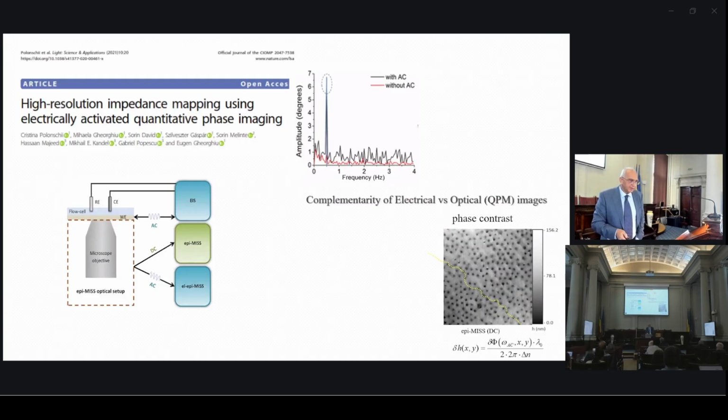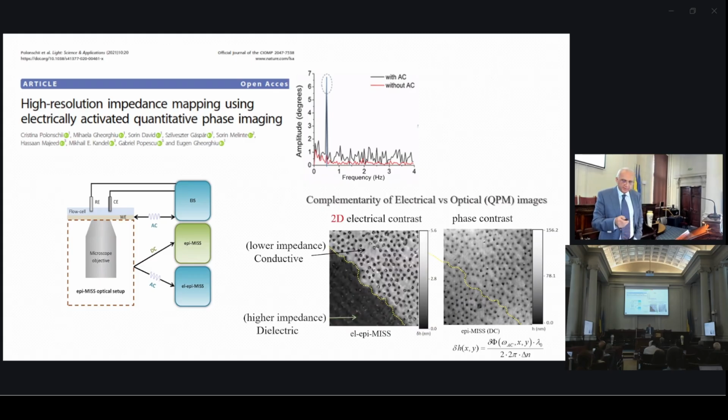A couple of years ago, together with Gabriel Popescu, we developed a system able to provide high-resolution impedance maps. And what I wanted you to see is the complementarity of the optical images versus the electrical one.